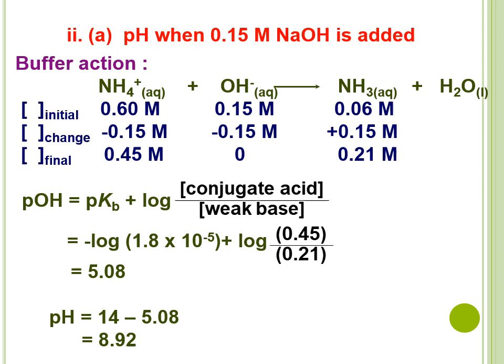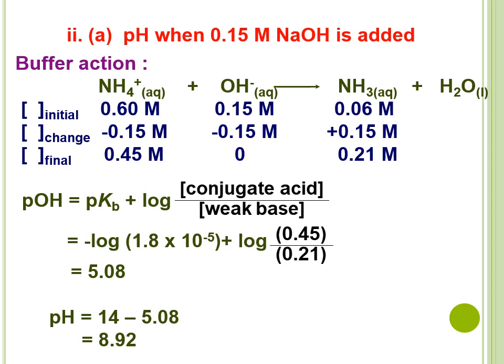And then we are going to find the concentration of ammonia, which has now become 0.21 because we add 0.15 to 0.06. We use the concentration directly here because the question states that we assume the volume of the solution does not change when we add NaOH.